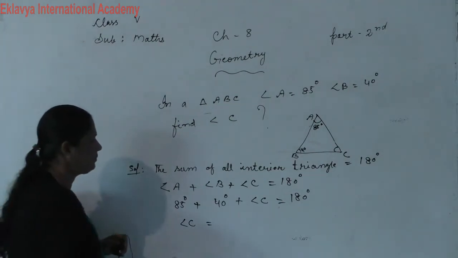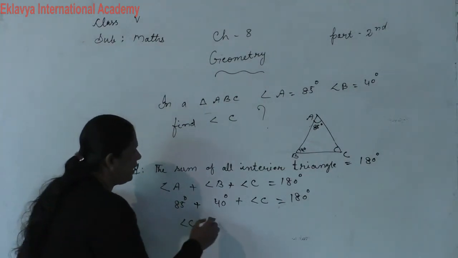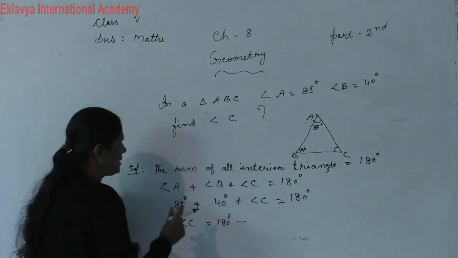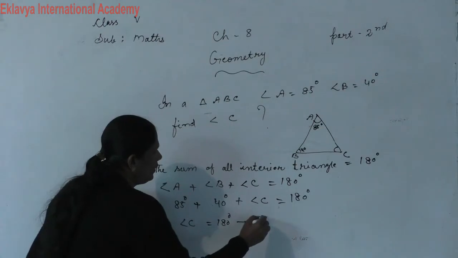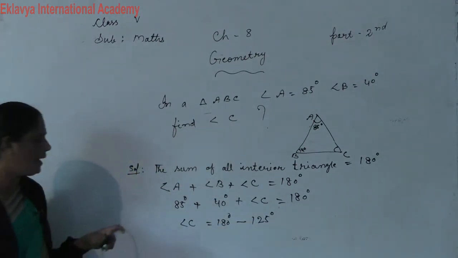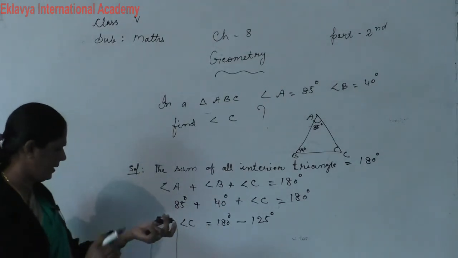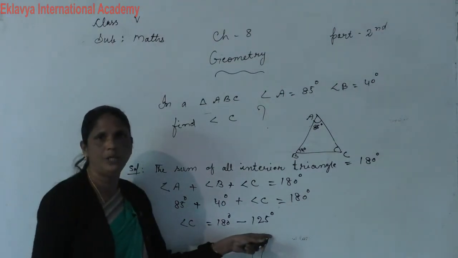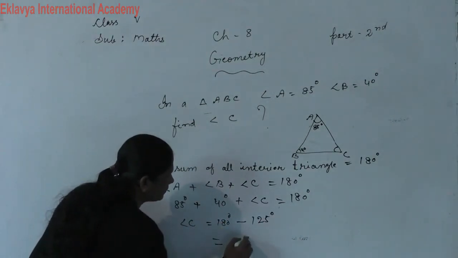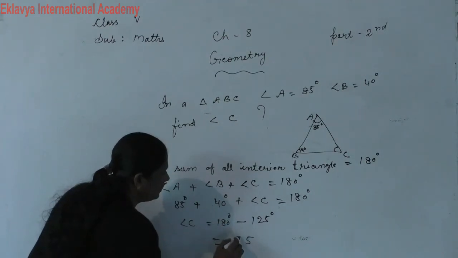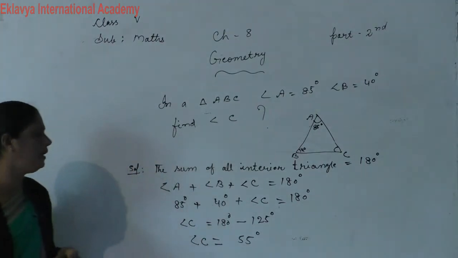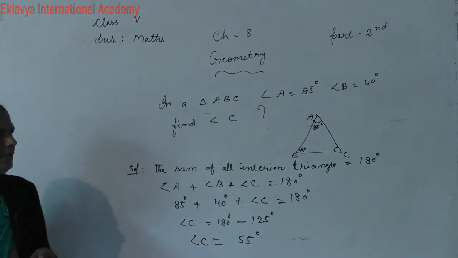Then angle C is equal to 180 degrees minus, first you add these two numbers, 125 degrees. Then you subtract this. Angle C is equal to 55 degrees.